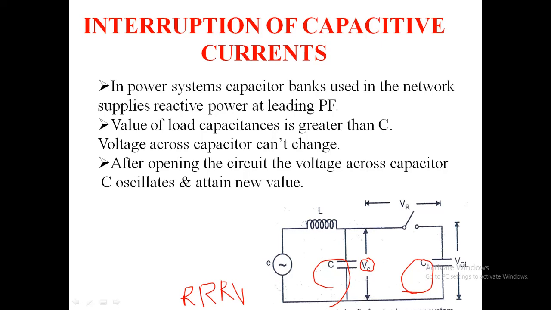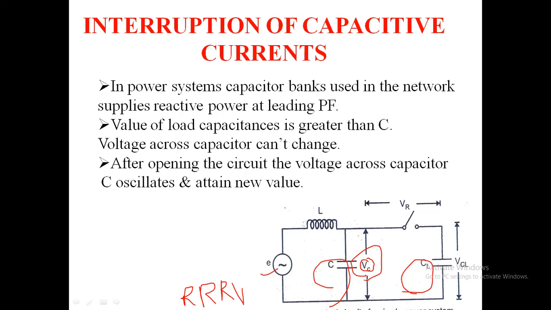Whenever the circuit is opened, a charge will remain in the capacitance CL. So the voltage EL across the load capacitor will keep the same value when the circuit is opened. After opening, the voltage VC across the capacitor will oscillate, attaining a new steady value.